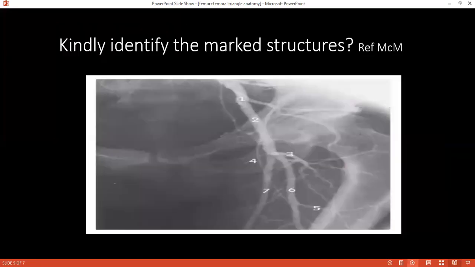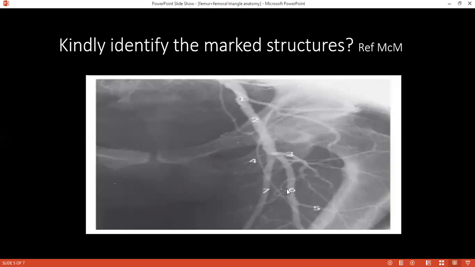If we can move forward, what do you see? What kind of image is this, please? Okay, so this is an angiogram of, I think, femoral and iliac artery. Not think, just tell for sure. Okay, can you please identify number 2 over here? So number 2, femoral artery, common femoral artery. 3, please. Medial circumflex artery.